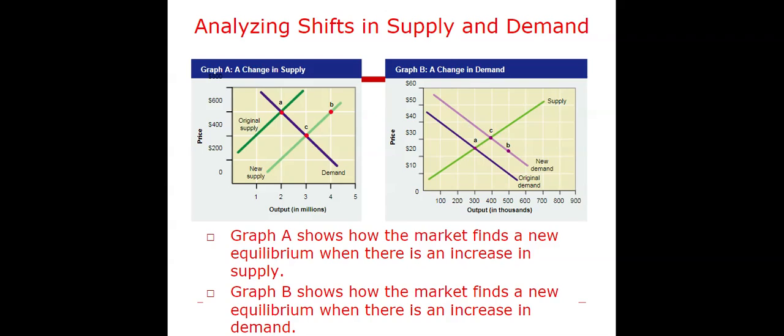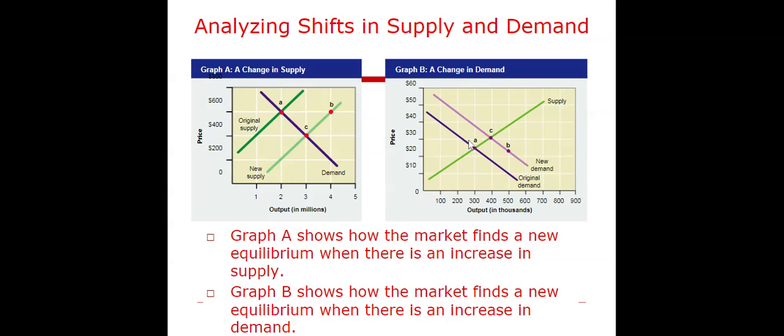Graph B shows how the market finds a new equilibrium when there is an increase in demand. So the blue curve is our original demand curve. There's an increase in demand, so it's going to shift to the right, the purple curve. And now we have a new equilibrium.